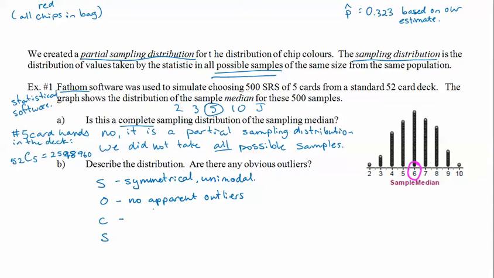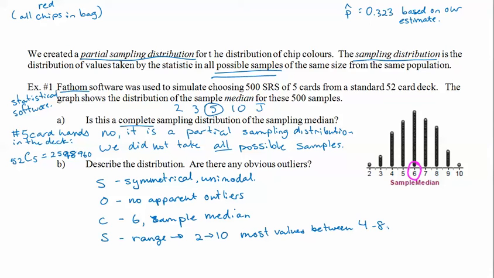As marked, you can see that 6 is the largest value, the most common value. That's our center, 6, and that's our sample median. And S, the spread: if we look at range, it goes from 2 to 10, with most values between 4 and 8.